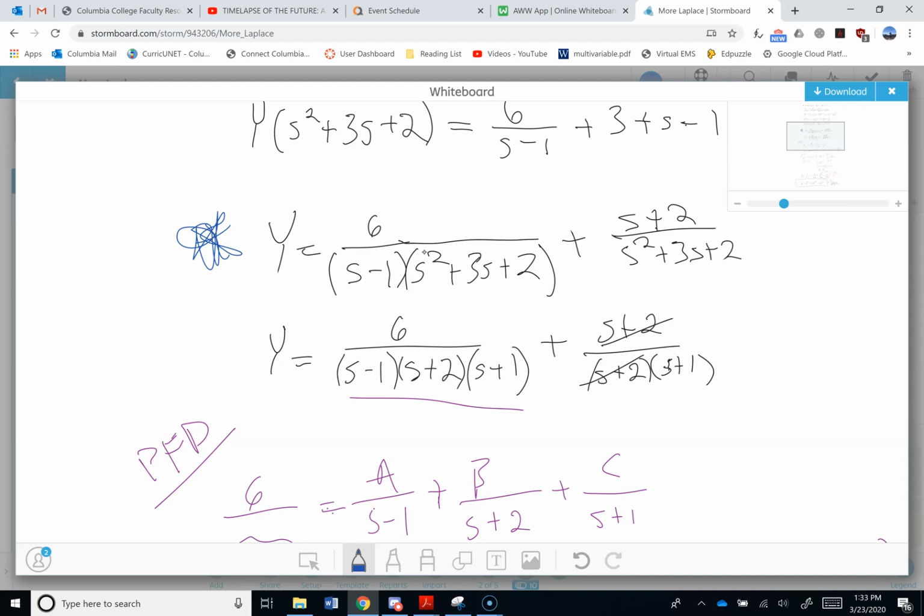You can either try to stick things together, which lets you do just one PFD, or if you have something that's already pretty easy to inverse Laplace transform, just leave it. Because really all you're doing with PFD is rearranging a term. You're not doing calculus to it, right? You're just rephrasing it so it'll be easier. And so if you have something that's already easy, don't bother to combine it with the other thing and then rephrase it, you know? Right. Okay.